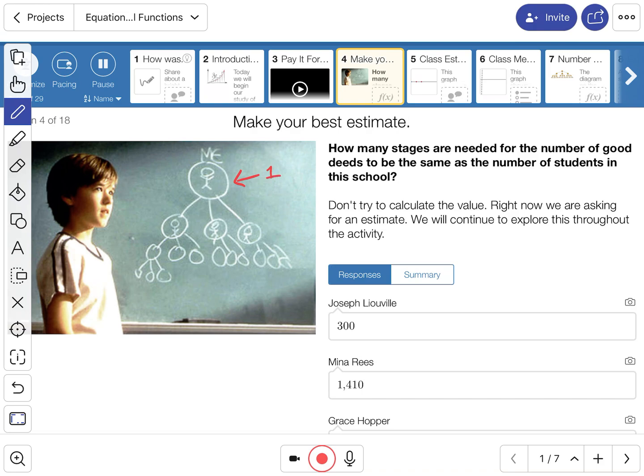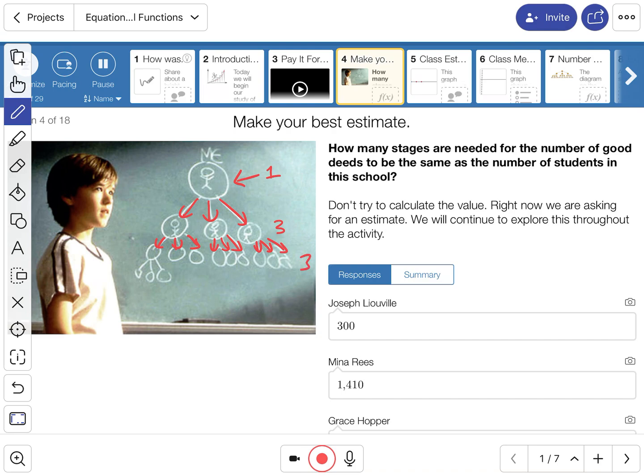in the beginning, and that one person did 3 good deeds. So now there are 3 people involved here, and then each of these 3 people does 3 more deeds, and so on. That's basically the pattern here.